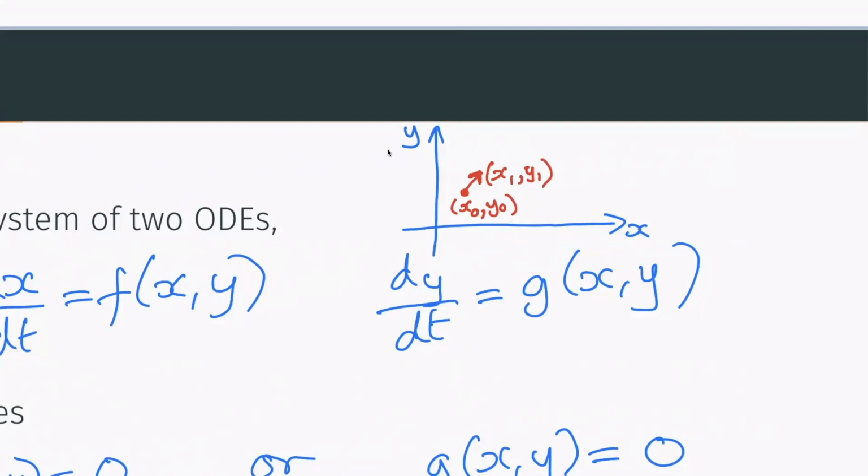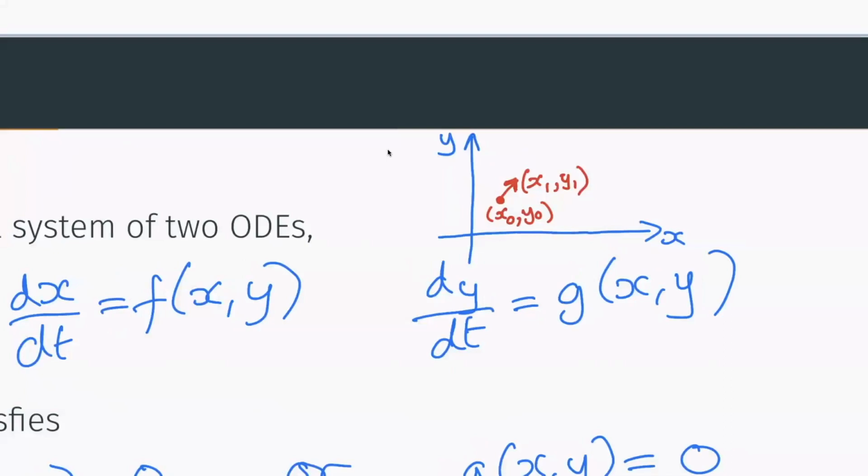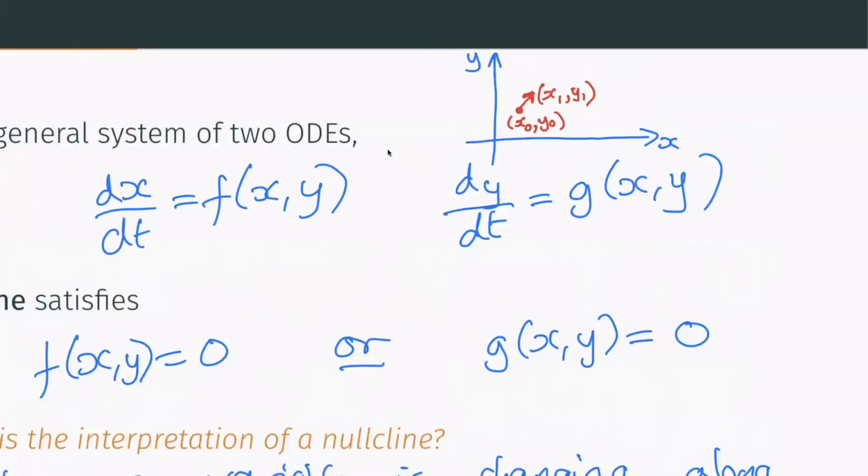Now, what's a nullcline doing? Well, a nullcline is saying we're only ever moving up or down, or left or right. Why is that? Because if f(x,y) = 0, then there's no change in x, so we can't be moving left or right. You must only ever be moving up or down whenever f(x,y) = 0.